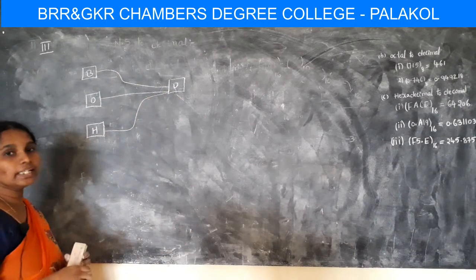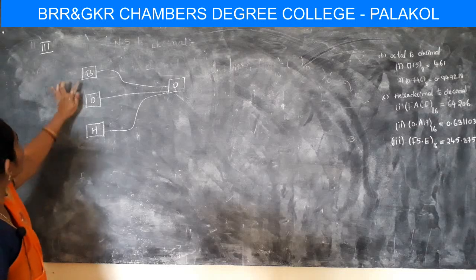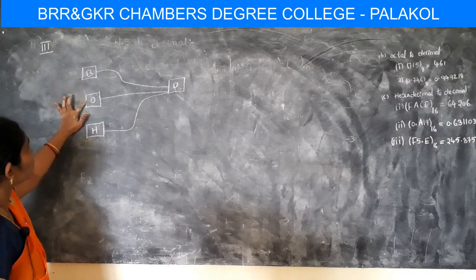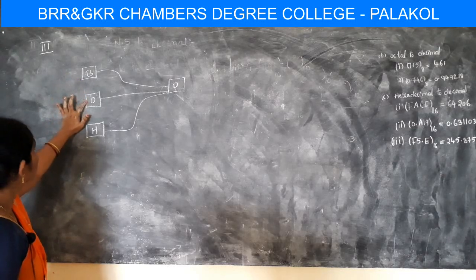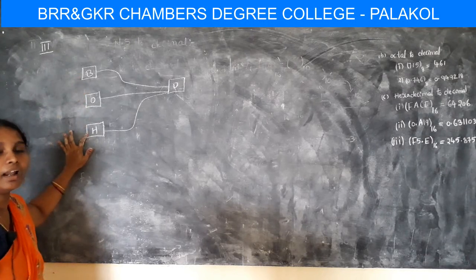Okay. So the third method is how to convert the given binary number to an octal number and the given binary number to a hexadecimal number.